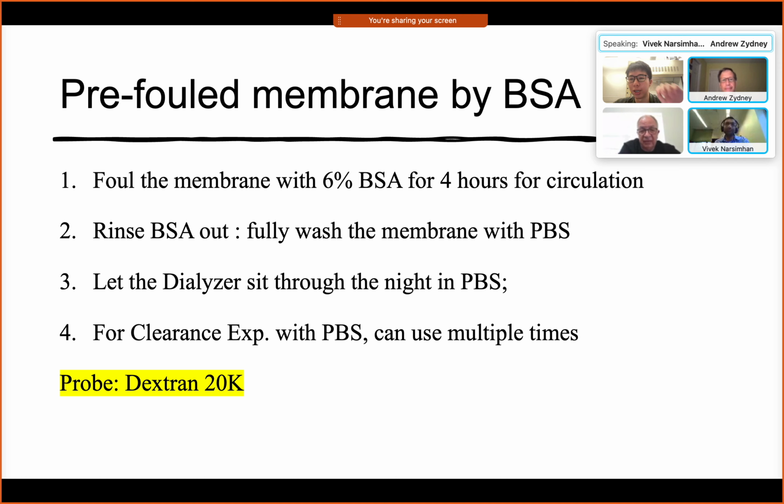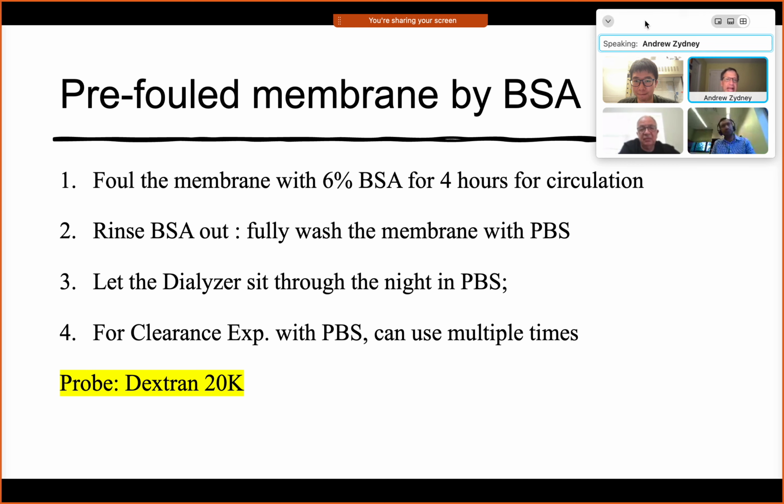And I have a question. With this matter, do we consider the exposure time to the fouling as a parameter of the degree of fouling as well? Or do we just use a much longer time to ensure it's fouled completely or to a certain level of fouling?